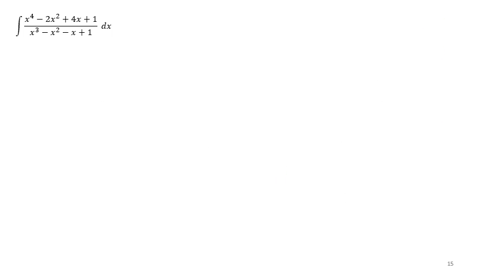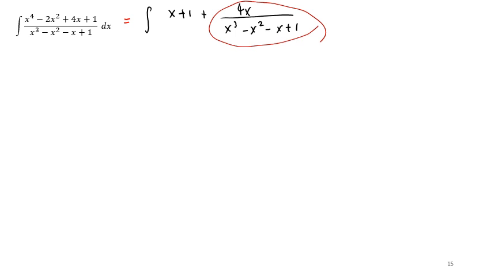So coming back to our original given expression, after long division we get x plus 1 plus 4x over x cubed minus x squared minus x plus 1, and this part here we have broken down into A, B, C. So let's just follow through. The A is 1 just now.